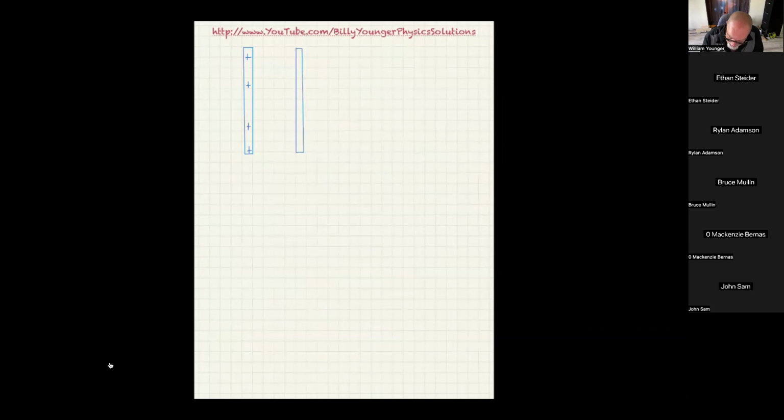This time I'm going to put a negative charge, a negative charge, a negative charge, and a negative charge. The fact that they're the same on both sides is just to show that these two have the same magnitude of charge per unit area. So this one would be plus sigma, and this one would be minus sigma.